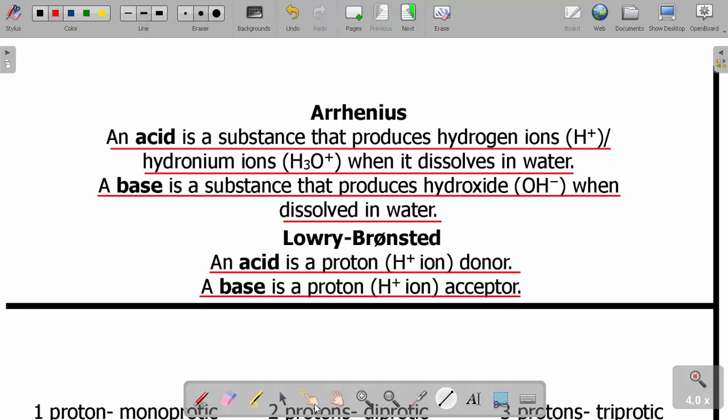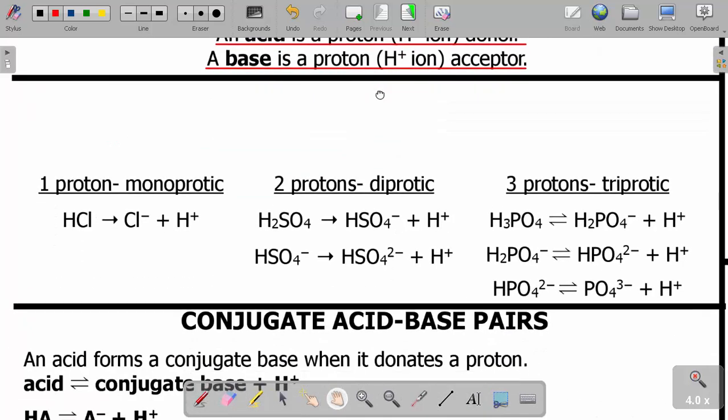Okay. Apart from that, we have types of acids depending on how many protons are donated. One is called monoprotic, then diprotic, and then triprotic. A monoprotic acid donates one proton. For example, hydrochloric acid gives us Cl minus plus H plus.